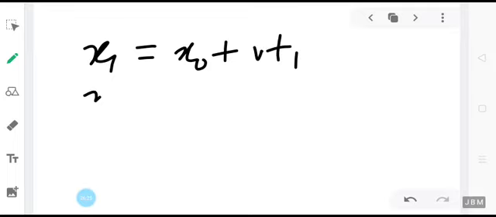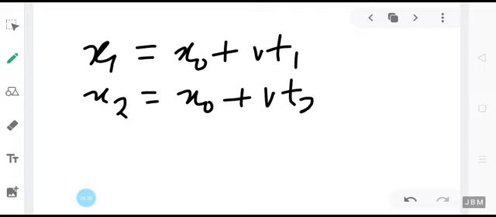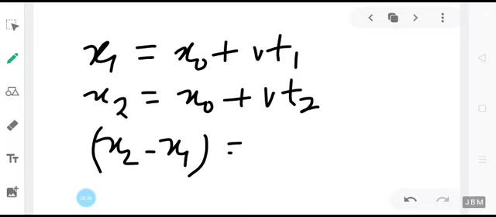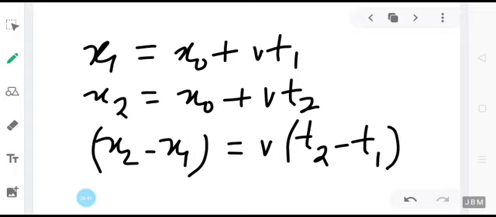Hence, the arrowheads over the displacement and velocity vectors may be dropped. So we can write x1 equal to x0 plus vt1, x2 equal to x0 plus vt2, and x2 minus x1 equal to v times t2 minus t1. So for uniform motion in one dimension, we can write down the following relations. We can drop the arrowheads.